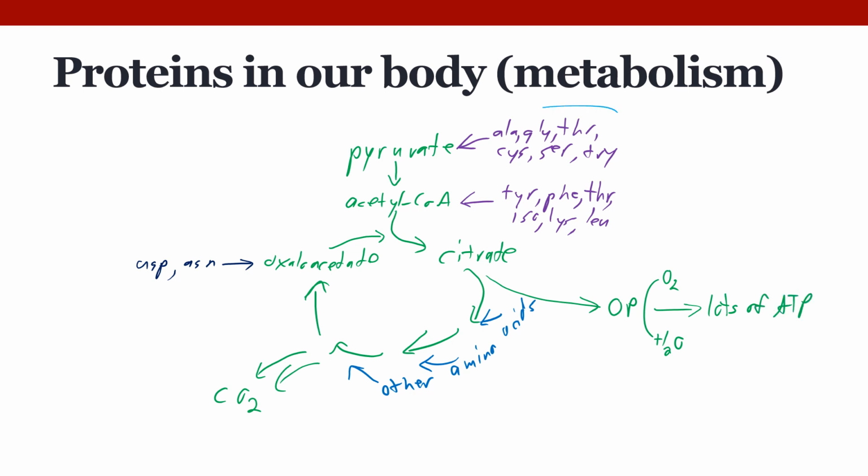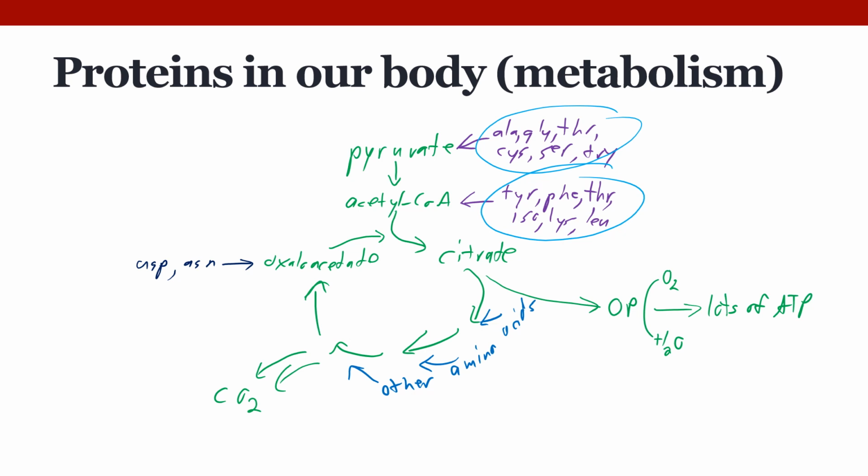Now, these up here are probably your best fuel sources because they come in directly as fuel, as analogs to glucose or fatty acids. The other amino acids come in as metabolites in the citric acid cycle. They boost your metabolism, but they don't necessarily provide as direct a source of fuel.